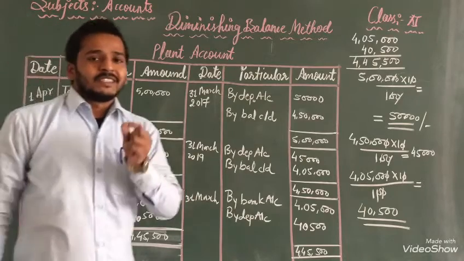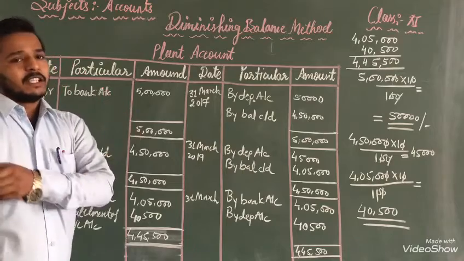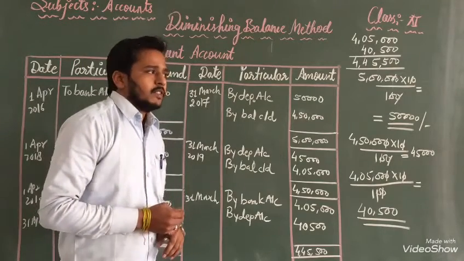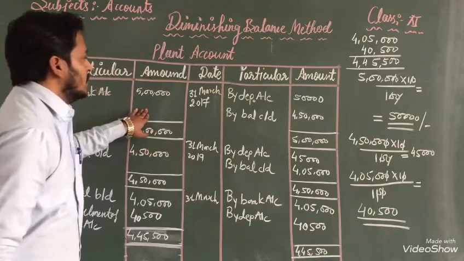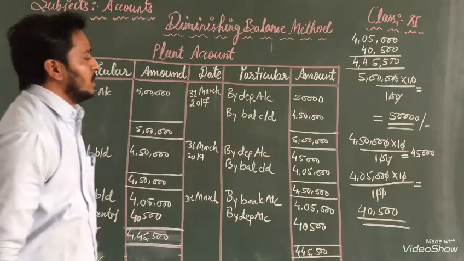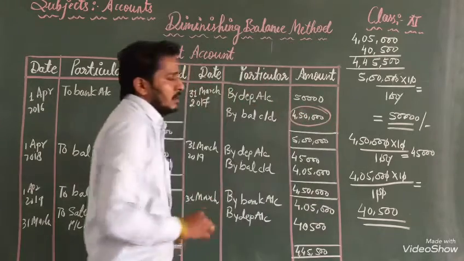Now, once again, I am repeating why I have given these questions in front of you. With the help of that you can solve. Solution here, depreciation we calculated with the help of the balancing method. So what is the balance coming here?